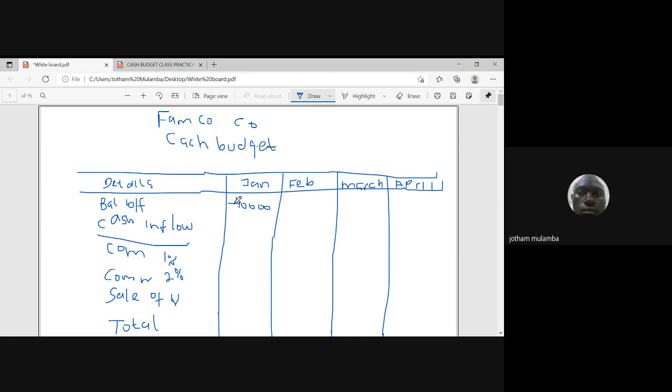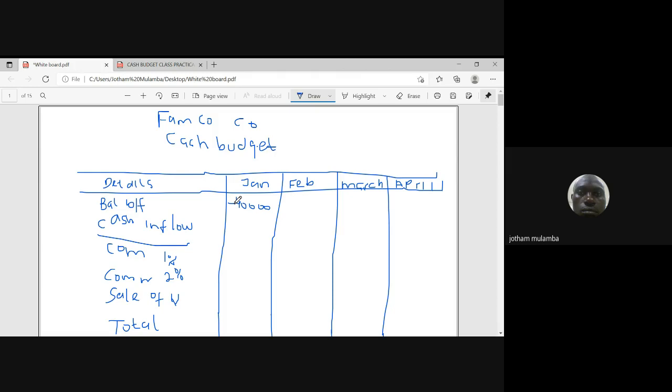So how much money did they make from sale of the property? 1.8 million. But remember, that 1.8 million is not their money. They are only charging a commission. And that commission is 1% for that particular month.